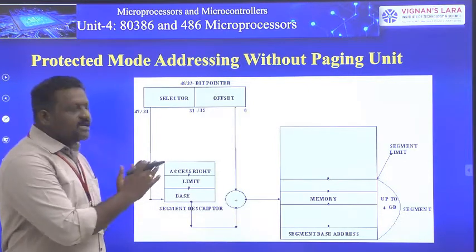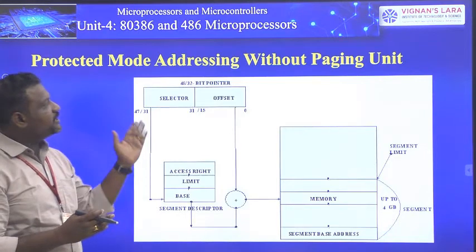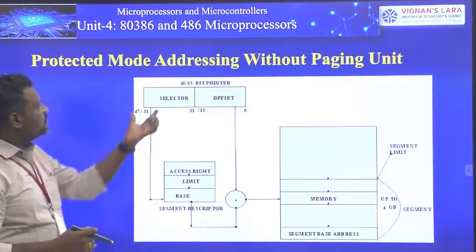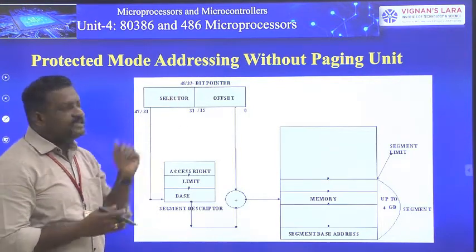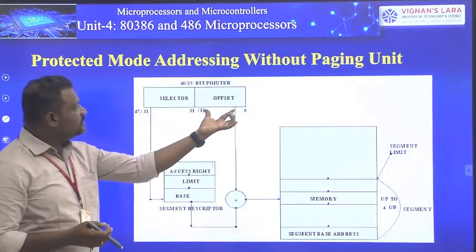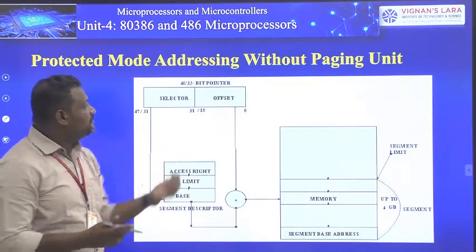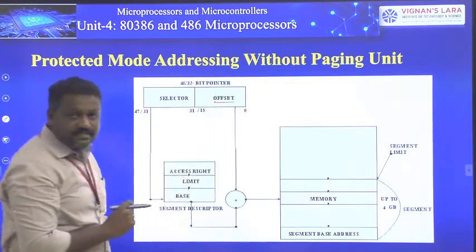Physical address calculation in protected mode without using a paging unit. See here friends, this is a 48-bit or 32-bit pointer. The least significant 16 bits or 32 bits we consider as the offset address.